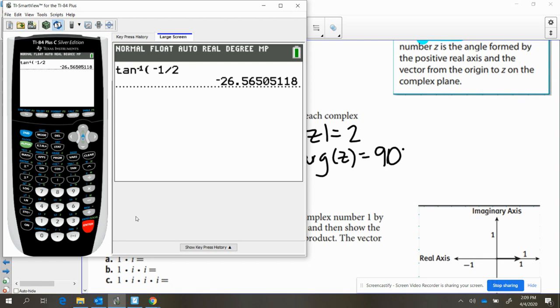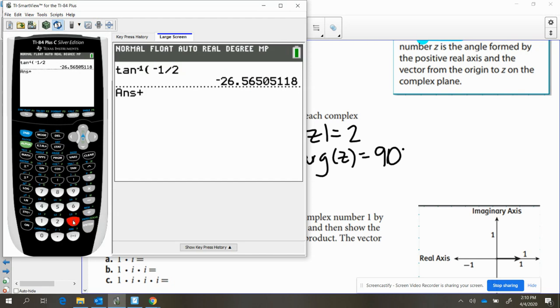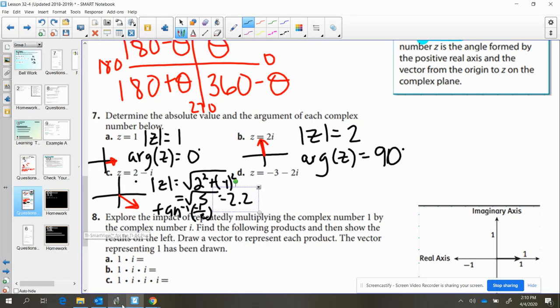Now, negative 26.6 would be an acceptable answer because that is in quadrant 4. Another acceptable answer is if we add 360 degrees to this to get that value between 0 and 360. You would also see 333.4 as an acceptable answer here. So negative 26.6 degrees or the 333.4 degrees works as well.